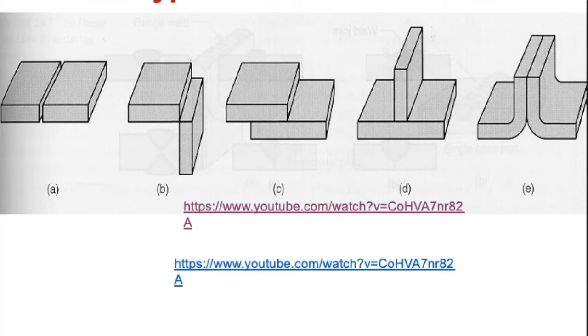In terms of the joints, the typical weld joints that you will get are the butt joint, a corner joint, a lap joint, a T joint, and an edge joint. Those are the common types, and there are two links here related to welding that you can watch.